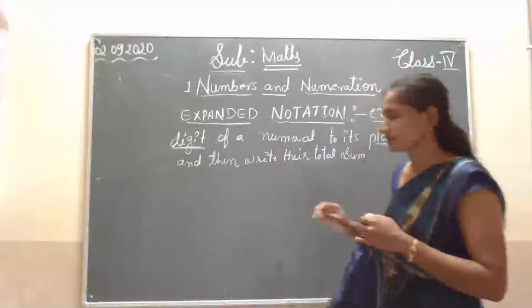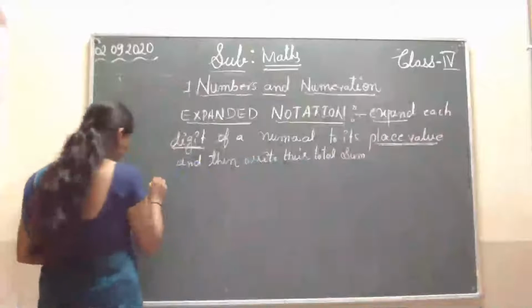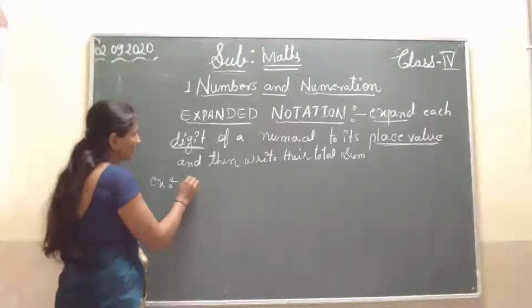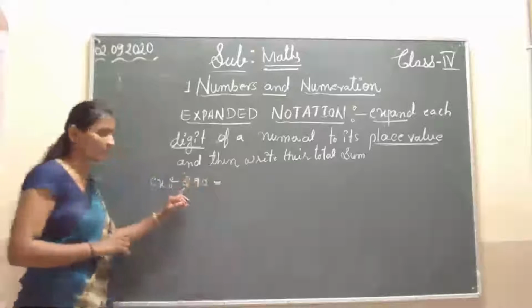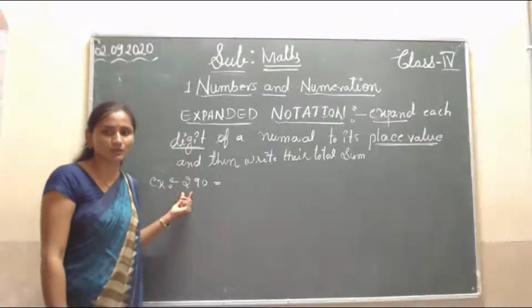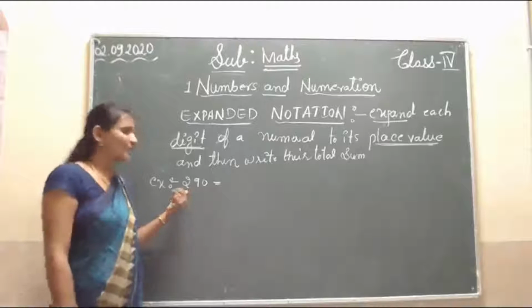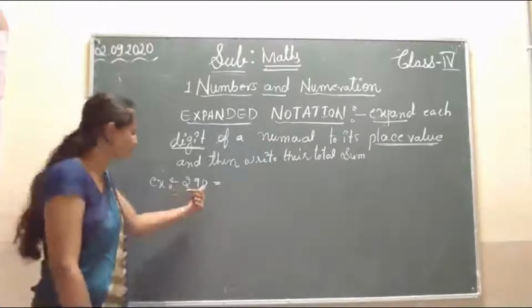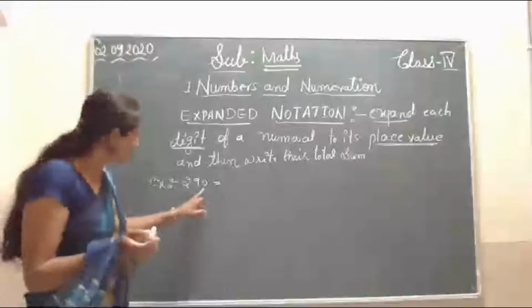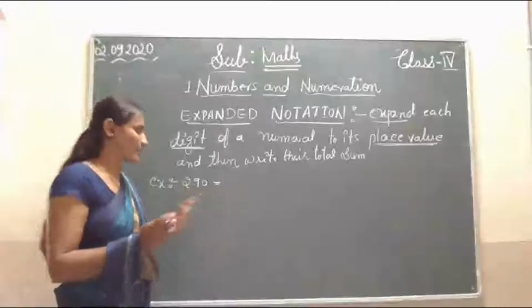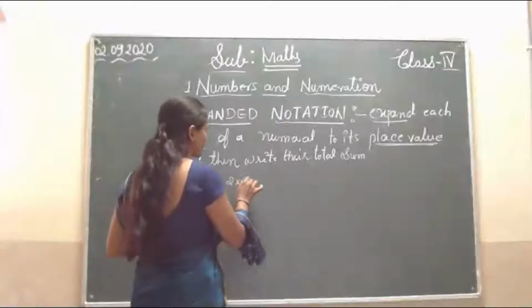For example, I am showing one example: 290. To write the expanded form, observe the first digit, which is 2. What is its place value? The place value of 2 is 1 times 100, the hundreds place. So we write 2 into 100.